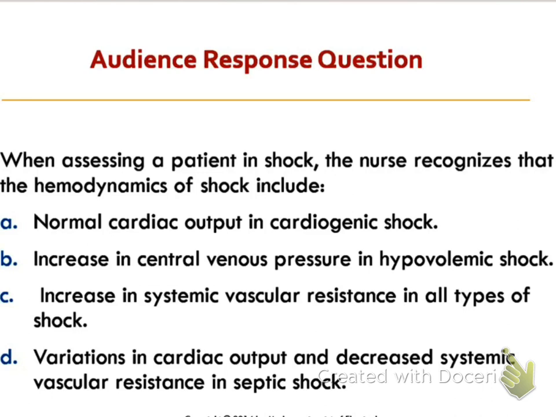Right, so it's D. So cardiac output in cardiogenic shock is going to be low, not normal, right? Hypovolemic shock, which means that they don't have enough blood running through the pipes, so their CVP is going to be low. And the next one says increase in SVR in all types of shock. So remember, in neurogenic, anaphylactic, and septic shock, they're all going to be decreased. So the only one that really even makes sense is the last one, that we're going to have variations in cardiac output and decreased SVR in septic shock.